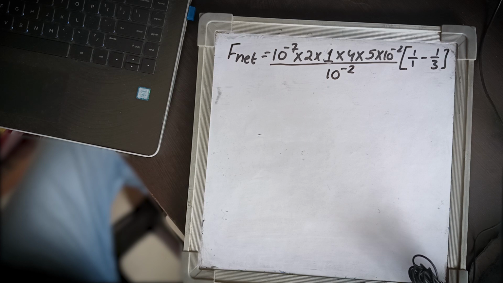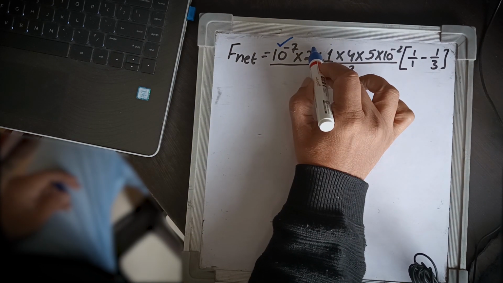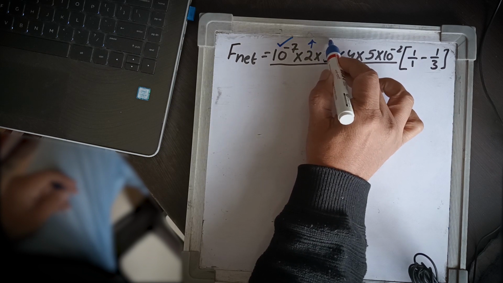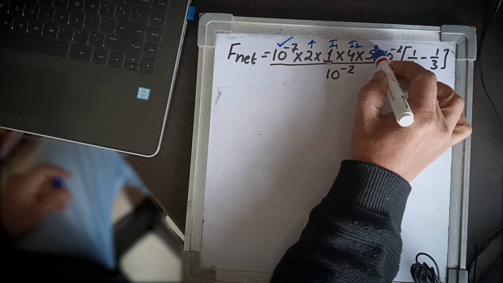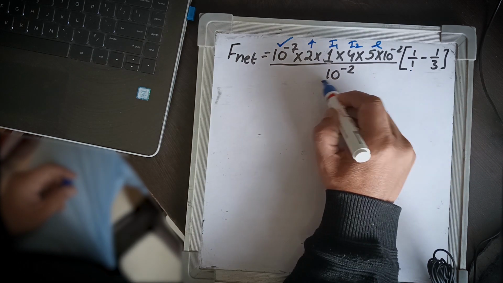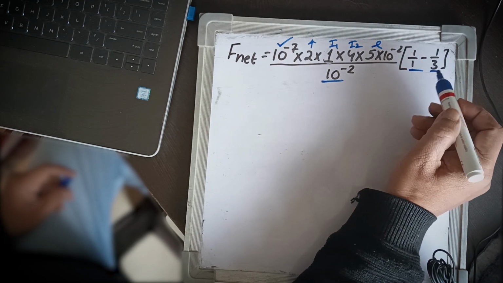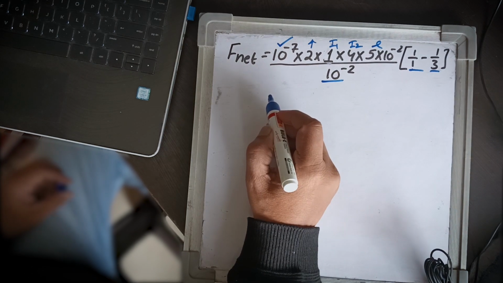For mu naught by 4 pi, we write 10 raised to the minus 7, then 2, this is I1, this is I2 per unit length, this is the length of the wire, and 10 raised to the minus 2 I have taken outside from the denominator because they are in centimeters and we convert into meters.